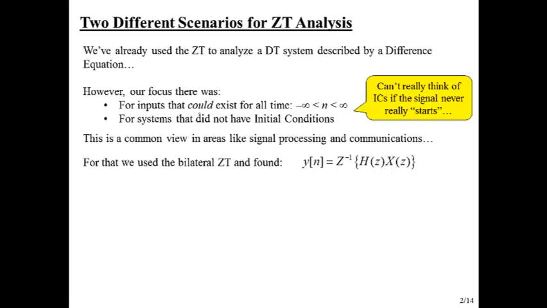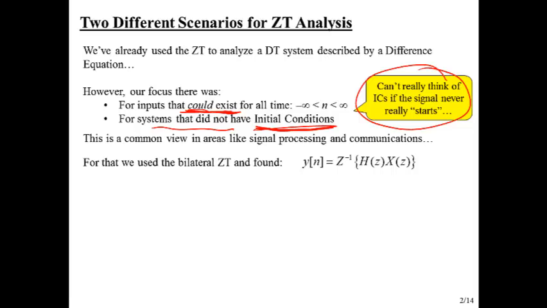scenarios. The input could exist for all time, and since it could exist for all time, you can't really think of initial conditions if the signal never really starts somewhere. And even if we did have a signal that started somewhere, we had been assuming that the system did not have any initial conditions, or in other words, they were set equal to zero.